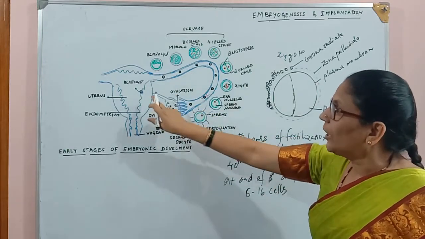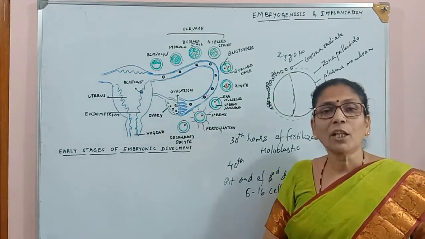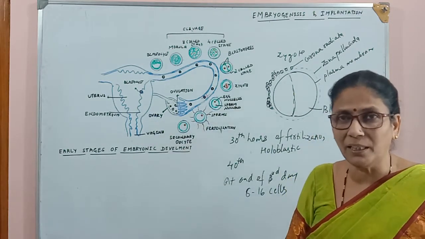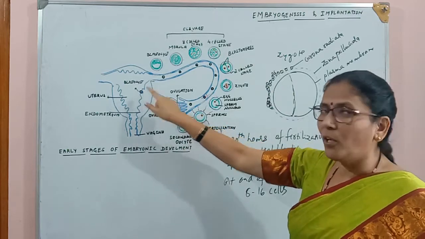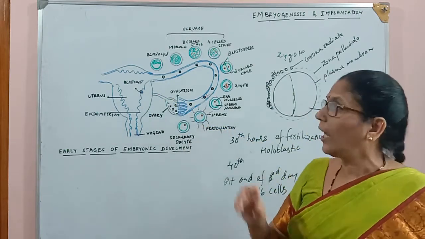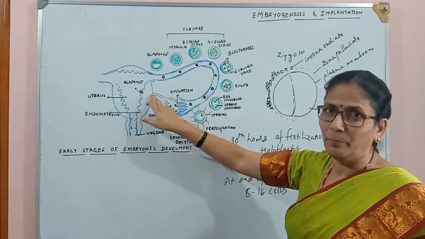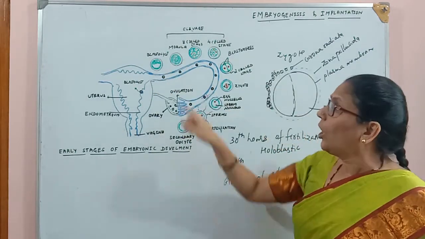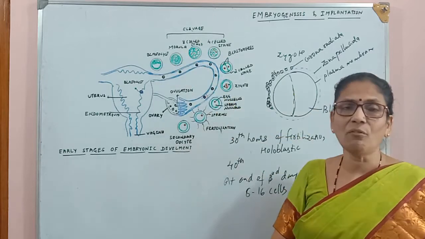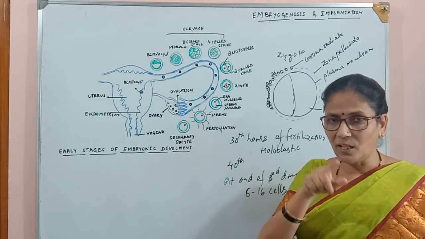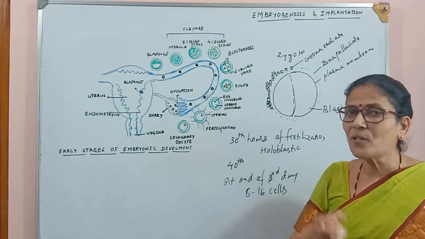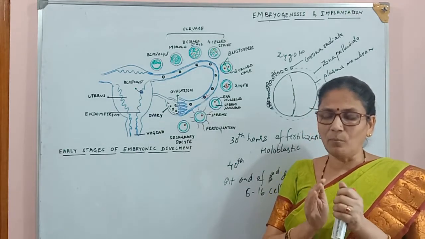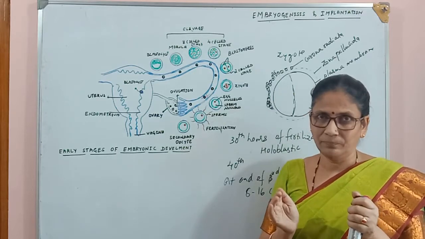By that time the endometrium wall secretes a nutrient fluid, and that nutrient fluid is called the uterine milk. This uterine milk is absorbed by the outer layer of cells of the morula, and by that the size of the morula slightly increases.